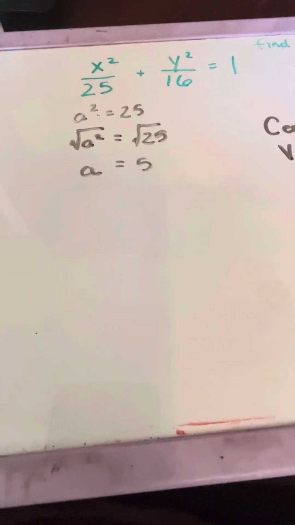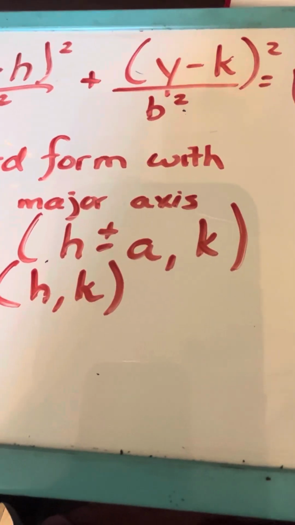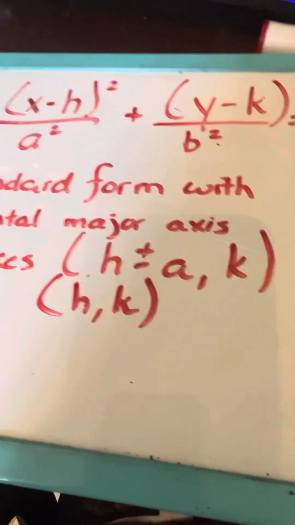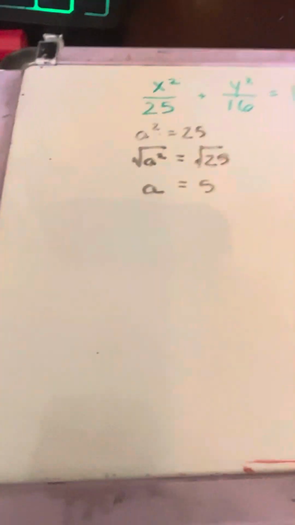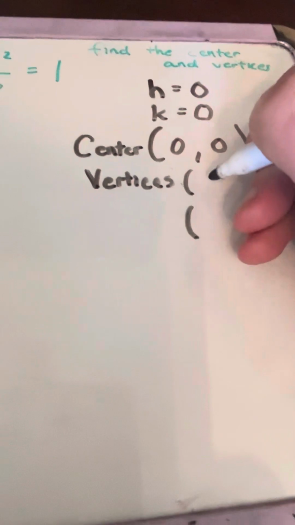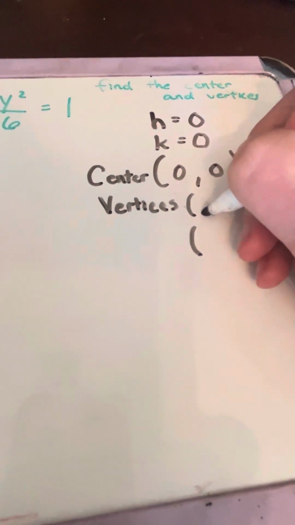So when we go back to our formula, h plus or minus a, and then k. Here we've got h plus a, which is going to be 5, 0.